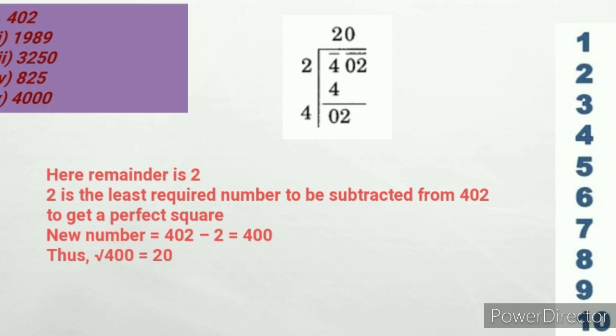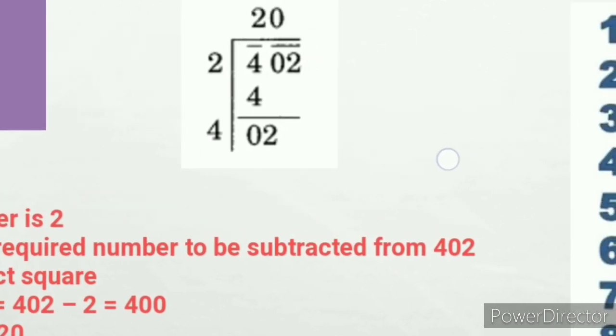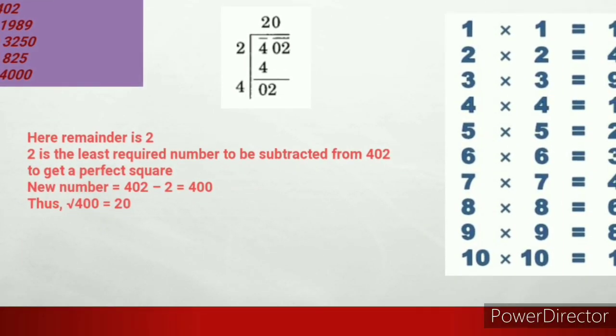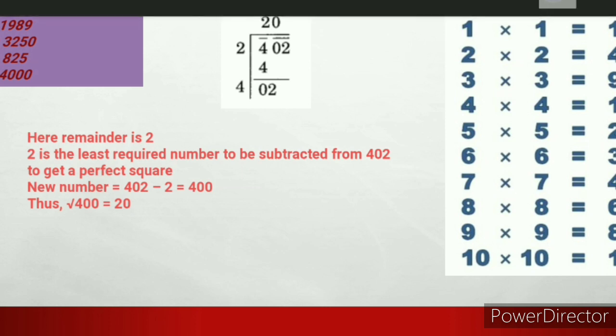Which number is to be subtracted? That is what we need to find. Use the same long division method and find the quotient and remainder. If it is a perfect square, 0 will be the remainder. For a non-perfect square, the remainder is other than 0. Here we are getting 2 as the remainder.